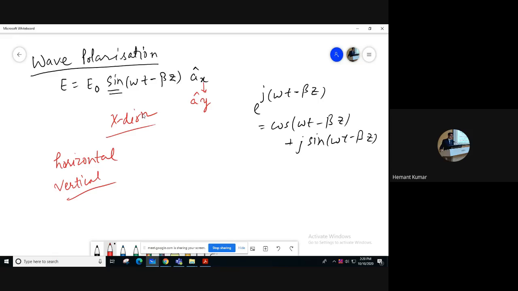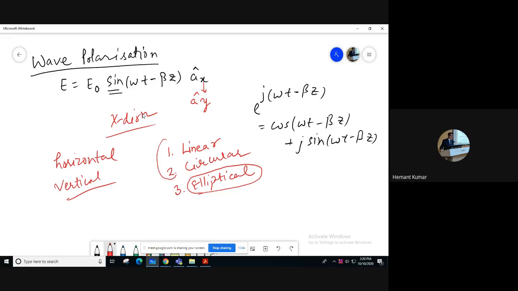But there is also one definition: polarization is divided into three types. One is linear, second is circular, and third is elliptical. Actually, elliptical is the general polarization.